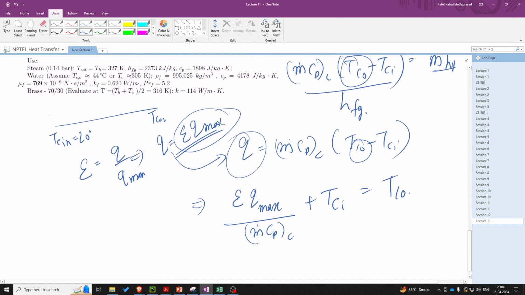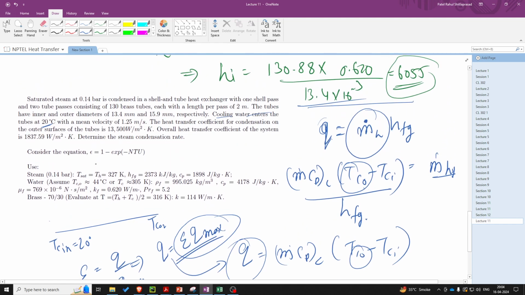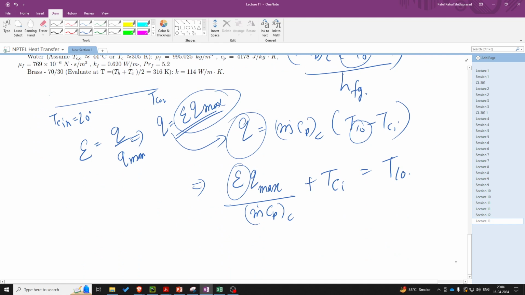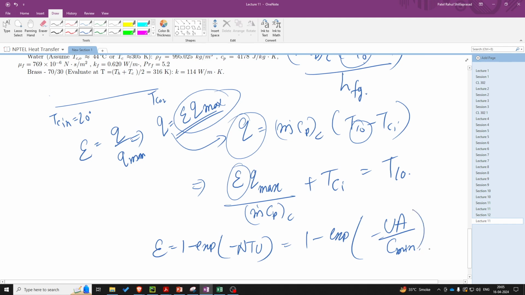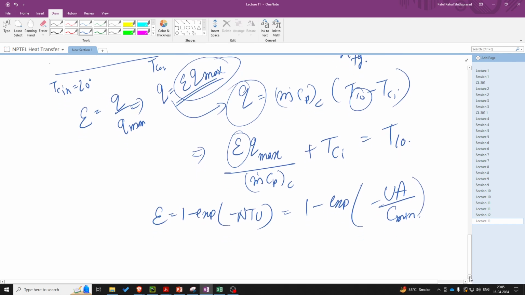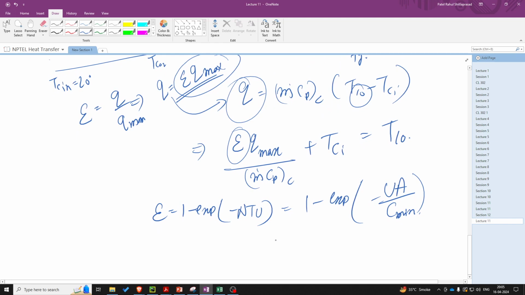Now for that, first we need to find the effectiveness factor also. For the effectiveness factor, we have been given this equation, that is epsilon is 1 minus exponential of minus NTU. Now NTU, we know that it is nothing but UA upon C_minimum. So now you can replace the values over here.